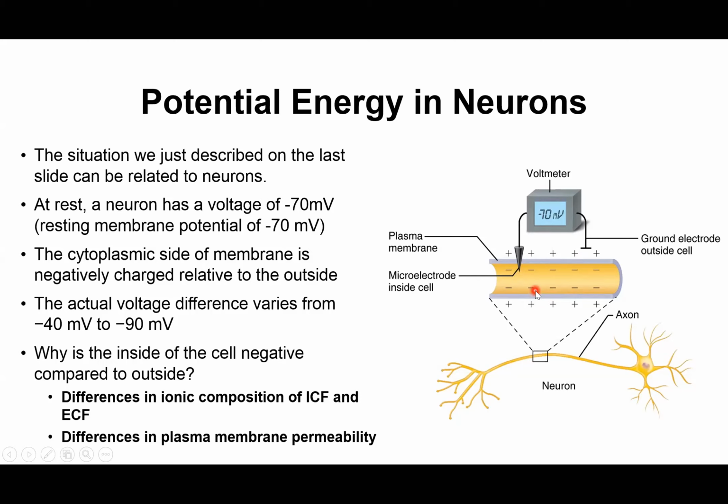So if a cell only has potassium channels and potassium is diffusing out of the cell, what's going to happen?